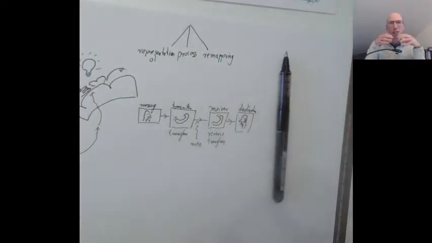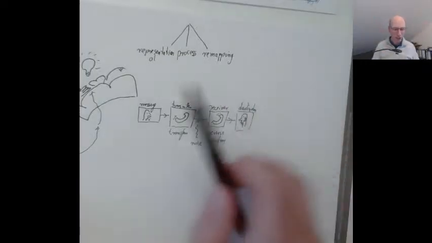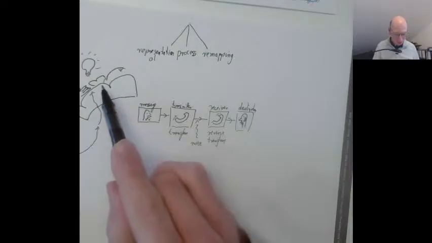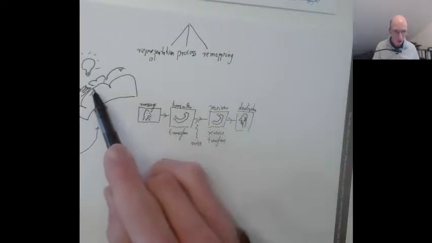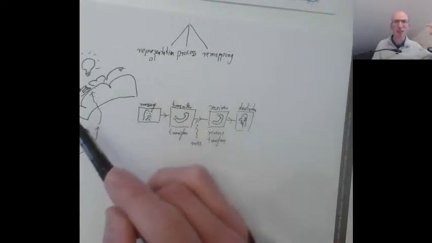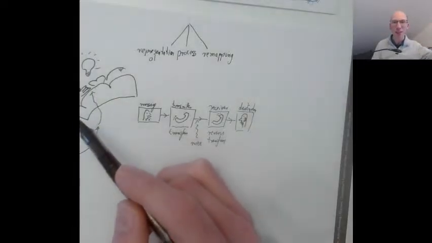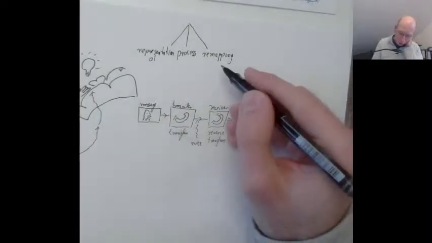Essentially, the remapping says there is some form of abstract representation of the space, and whatever we get as a concrete activation needs to be transformed to this abstract space, and only once it's in that abstract space, that's when the actual localization happens.